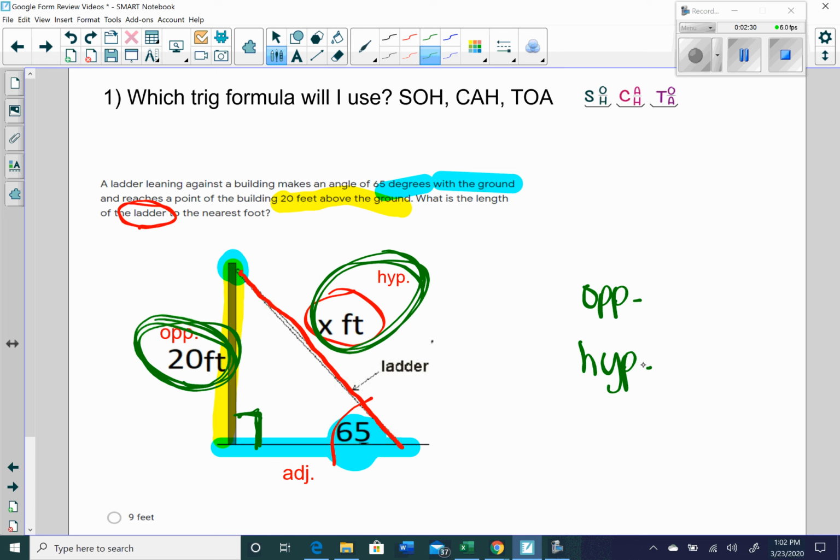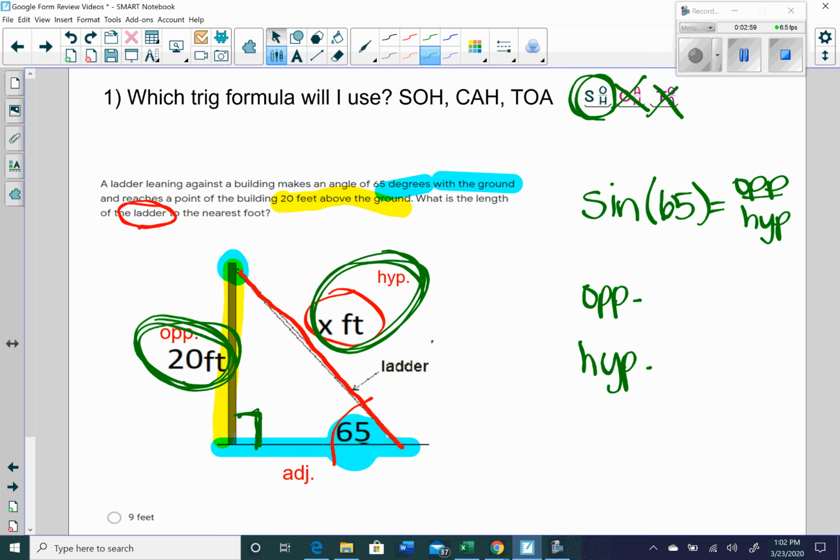We can get rid of cosine because it deals with the adjacent side and the hypotenuse, and tan because it deals with the opposite and the adjacent side. Only sine deals with our opposite and our hypotenuse. So we know the equation we're going to use is sine of our input angle is equal to our opposite side over our hypotenuse side.